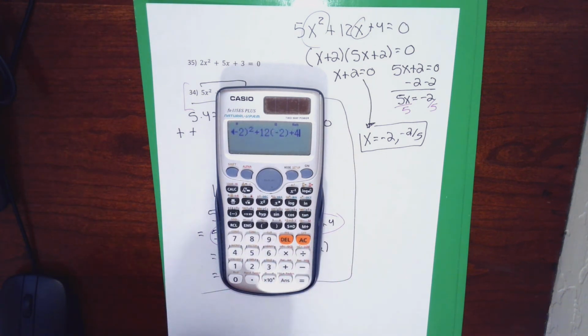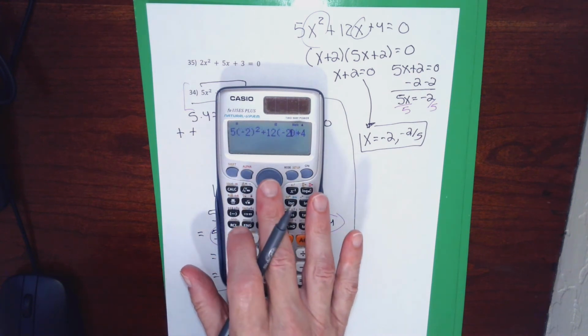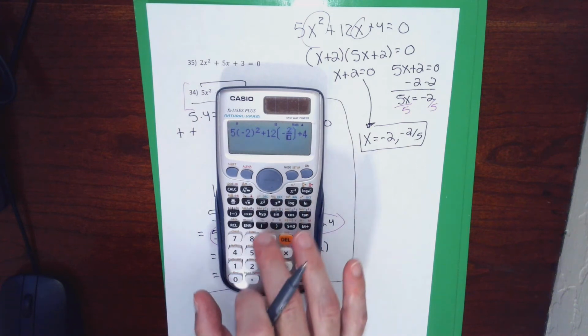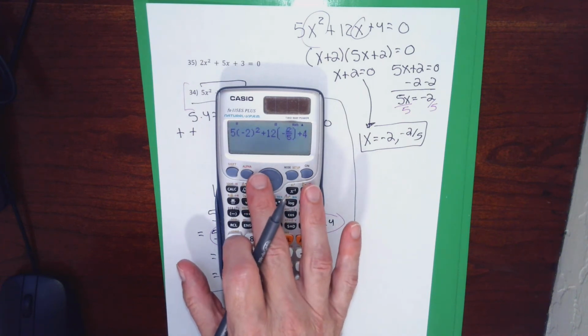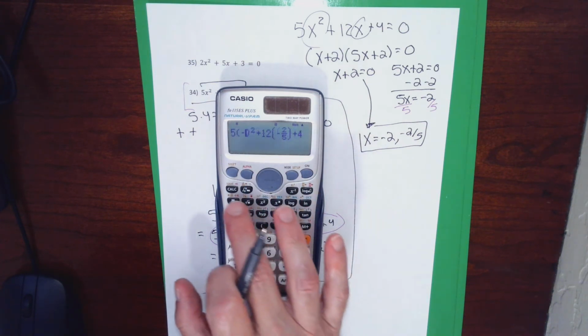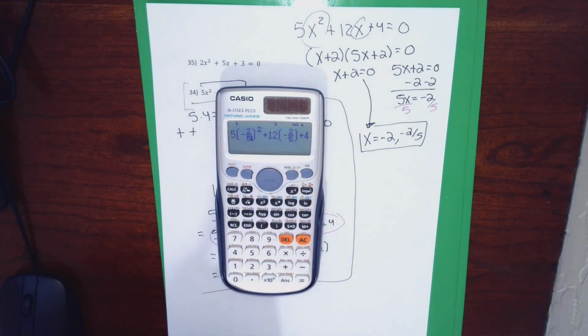Put them on my calculator and make sure when I hit equals I get 0, because I'm making the left side match the right side and the right side's already 0. Since the negative 2 worked, I'll do the same thing with the negative 2/5. Change each of the x's in the original problem to negative 2/5, and make sure that when you hit equals you get 0, which means the left and the right side match perfectly.